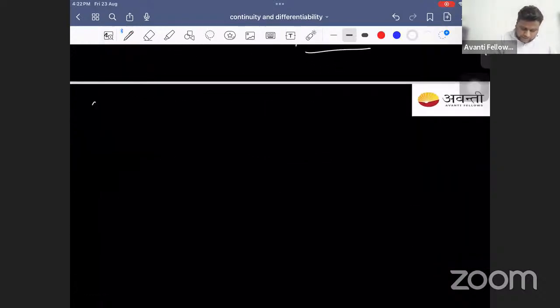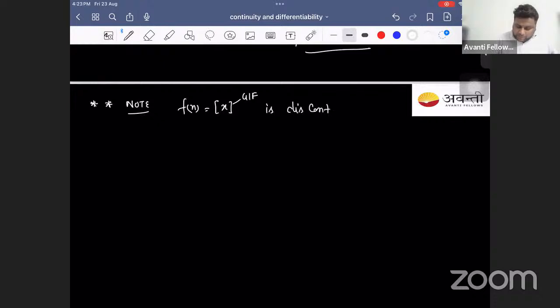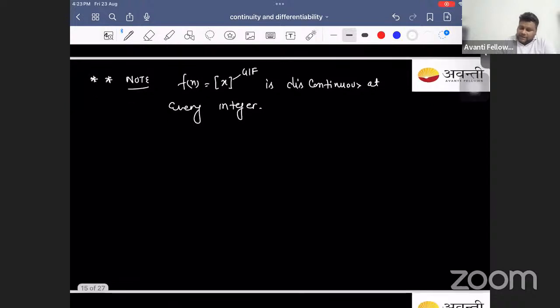एक छोटा सा नोट डालेंगे. f(x) equals greatest integer function. This is what? GIF, greatest integer function. f(x) equals greatest integer function is discontinuous at every integer.